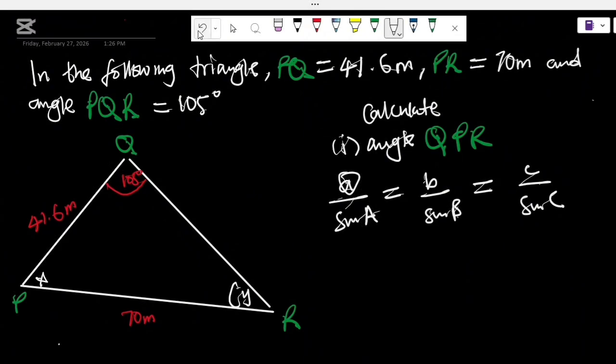If we had this side here, we would have gone straight into the calculation by just using the two sides here to find the particular angle here.